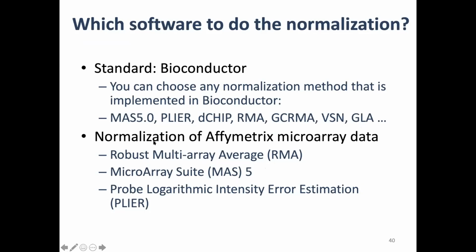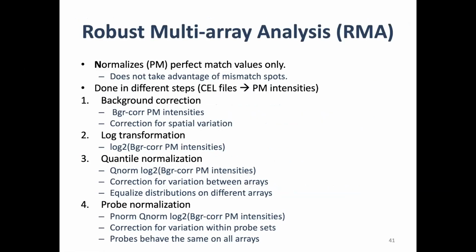The MAS, meaning Microarray Suite, MAS5 is a version, 5 is a version. And there is a probe logarithmic intensity error estimation. There are these three methods, but among these, Robust Multi-array Average is a very widely used, very accepted method. So I prefer to use the RMA method, and we will discuss these methods.